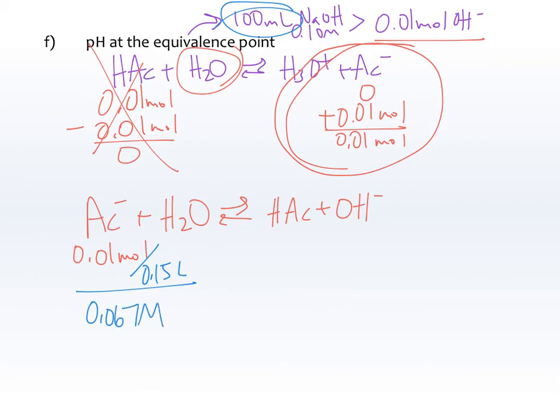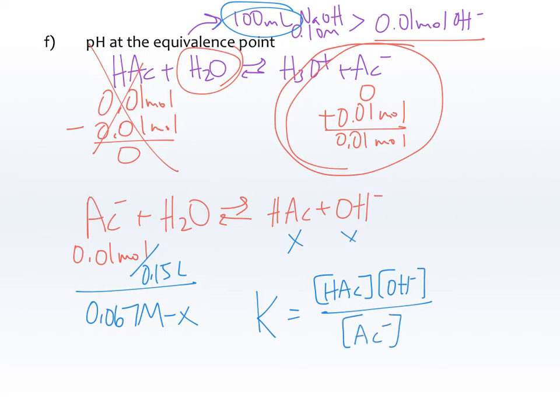0.067 molar. And now this reaction is going to come to equilibrium, minus x plus x plus x, and I'll do my K expression is equal to HAC times OH minus over AC minus, and hopefully you are noticing the OH here, which means we are no longer Ka, we are now Kb. I need the Kb of AC minus, not the Ka of HAC.